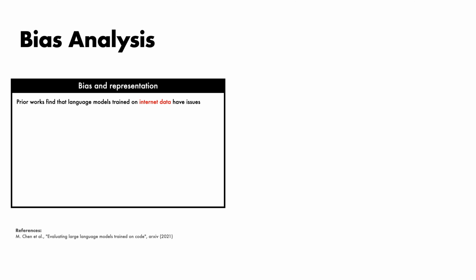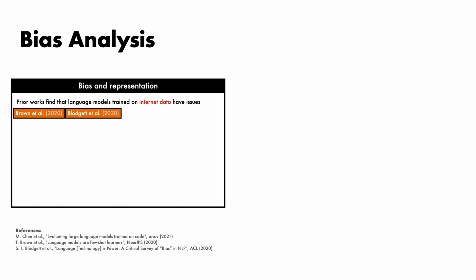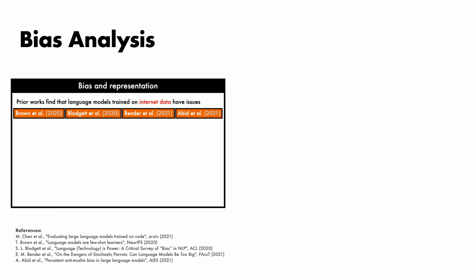We next turn to the question of bias and representation, in light of a range of recent work examining the issues that arise from language models trained on internet data, with notable examples including the bias studies for GPT-3 by Brown et al., the need for clarity when addressing bias highlighted by Blodgett et al., the assessment of the risks of such models by Bender et al., and the anti-Muslim bias present in some language models highlighted by Abid et al.